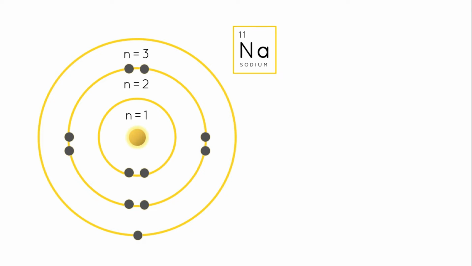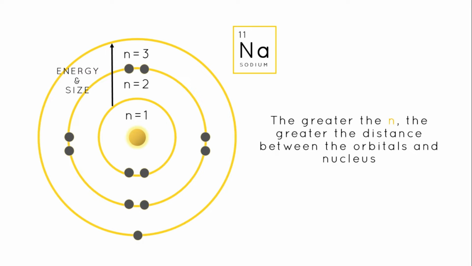So notice that as our n increases, the energy of the electrons and the size of the orbitals increases. Also, the greater the n, the greater the distance between the orbitals and the nucleus. Which actually makes sense, right? Because if our n is 1, therefore the electrons occupy the first subshell.